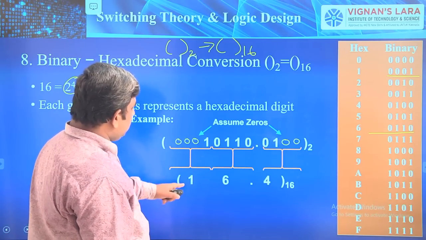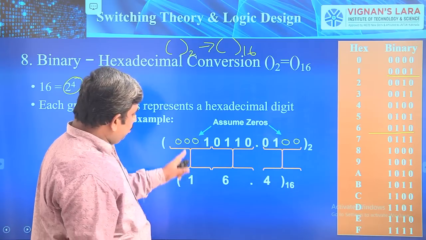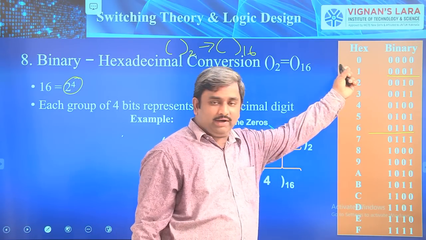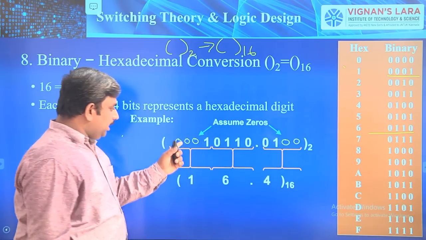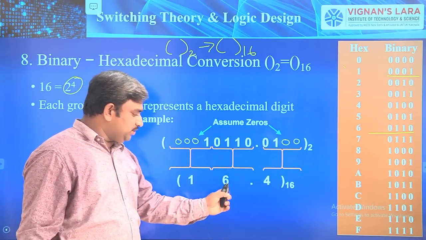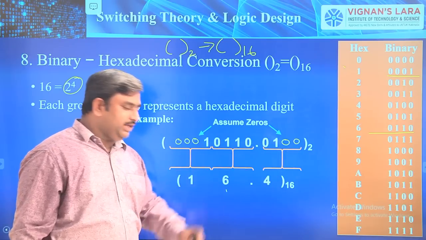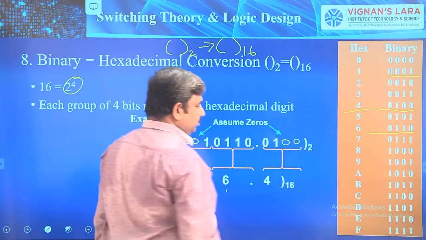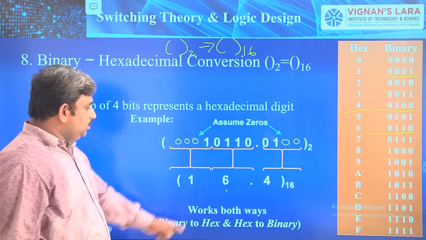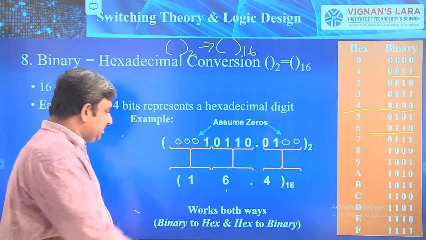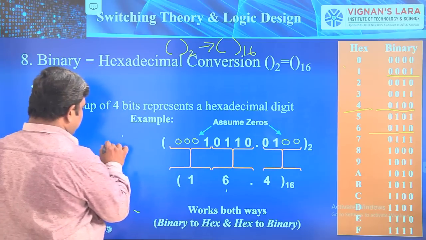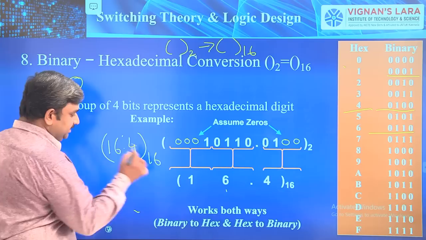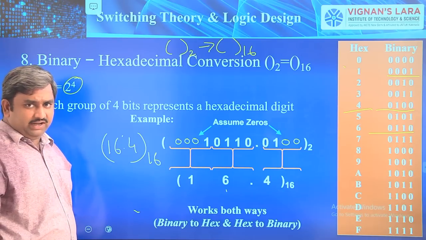In hexadecimal or decimal, 0001 represents 1 only. So the value of this one is 1, this one is 6, and this one is 0100, which is 4. So the value is finally 16.4. For the given number, the output is 16.4 of base 16. This is the finalized answer.